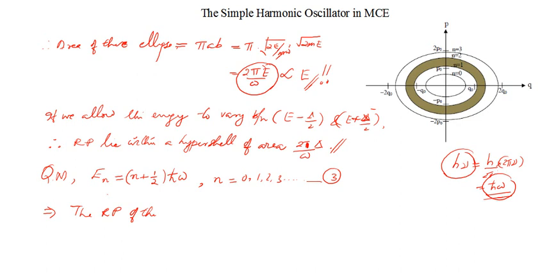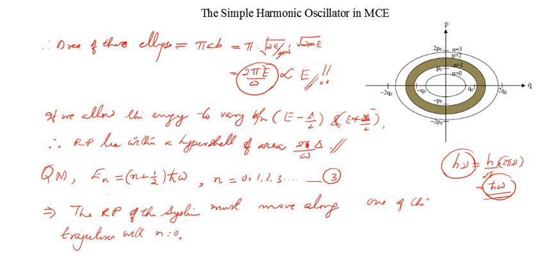So the representative points of the system must move along one of the trajectories, with n equal to 0, corresponding to the ground state energy E0 equal to half h cross omega.